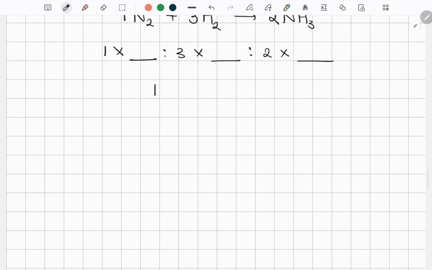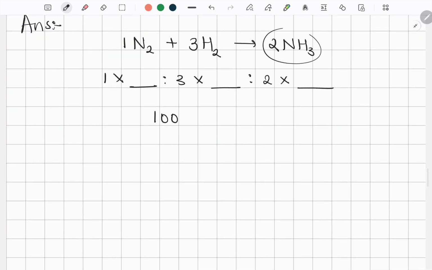Now let's understand that if 100% reaction has taken place, then how much volume of ammonia would we get? We would get 2 liters or 2 volumes of ammonia. So 100% will give you 2 volumes of ammonia. Now, as they said, only 10% reaction has taken place. Then how much would we get? Let's assume x.